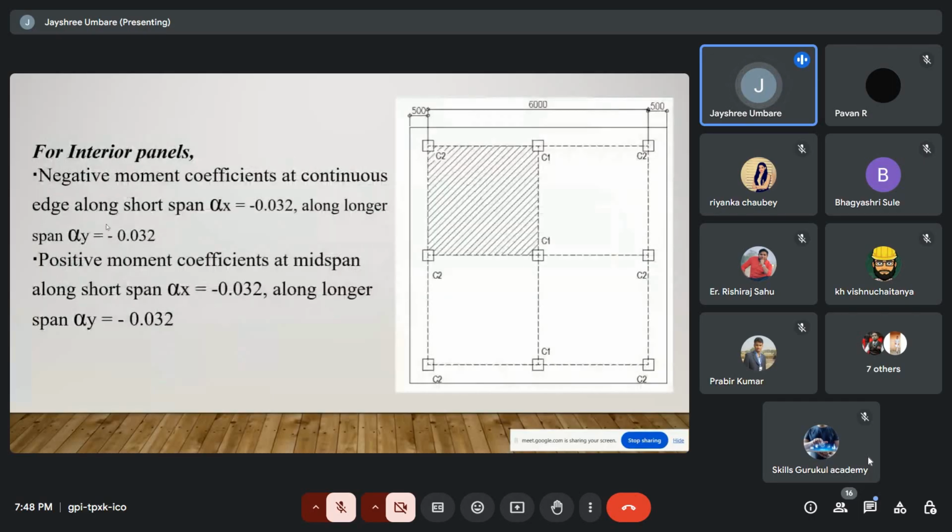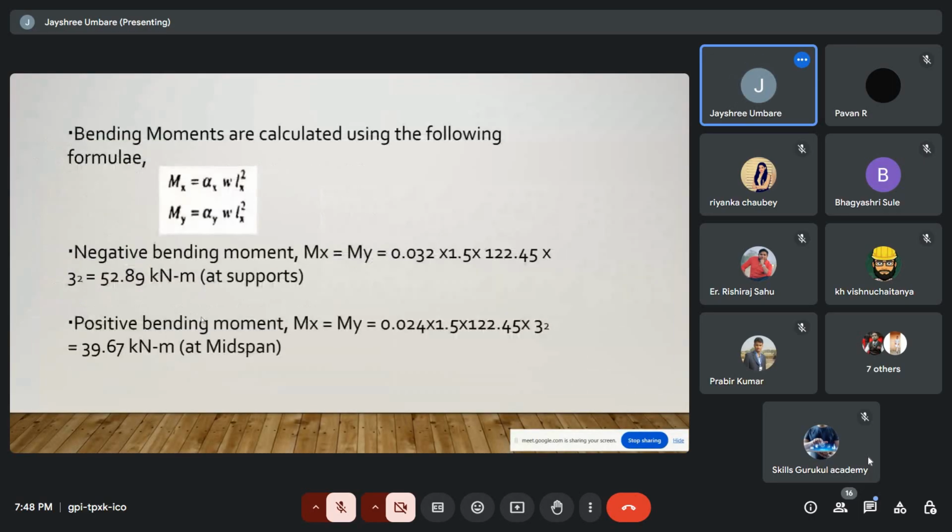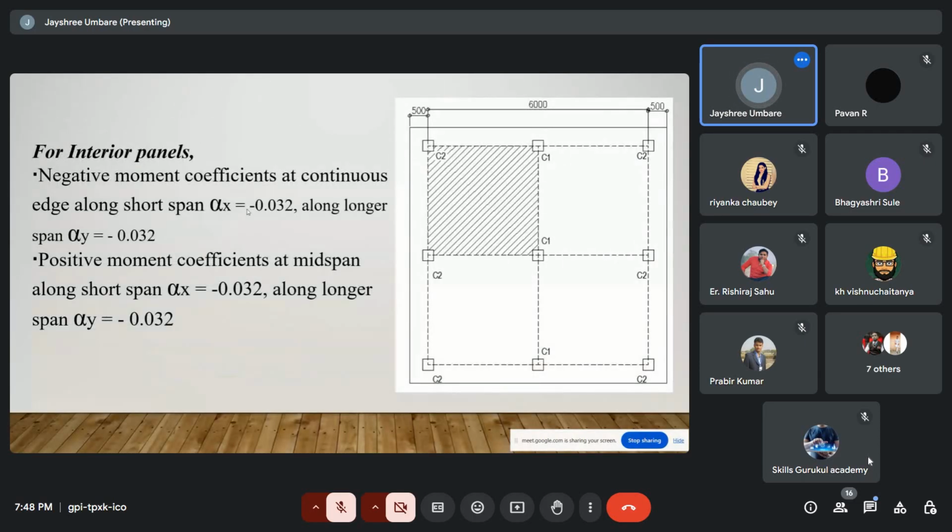Then alpha x is equal to minus 0.032 along the longer side, and alpha y is equal to minus 0.032 for negative as well as for positive.